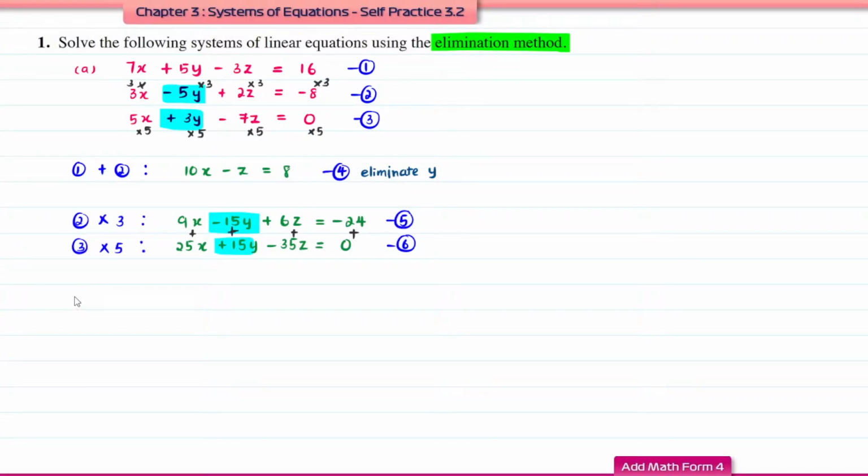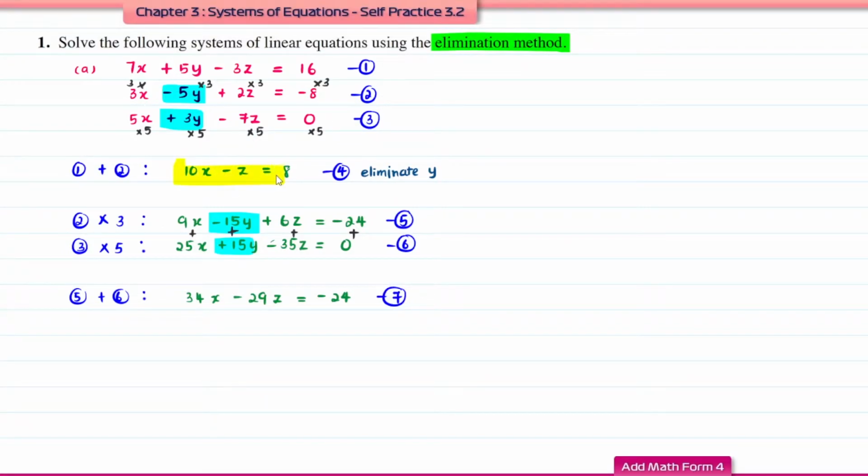So here is equation number 5 plus equation number 6. Here you're going to have 34x, then positive 6 minus 35z, which is minus 29z, equal to negative 24. I'm going to label this as equation number 7.